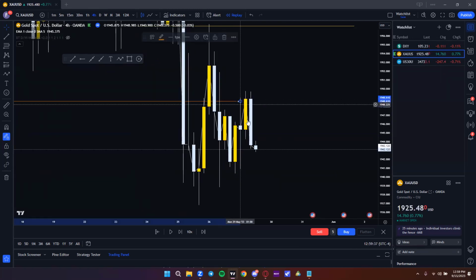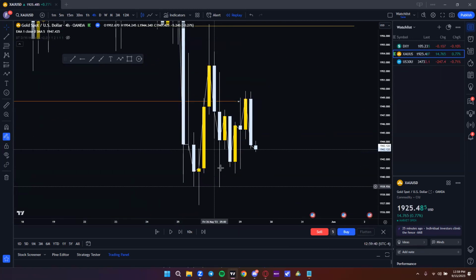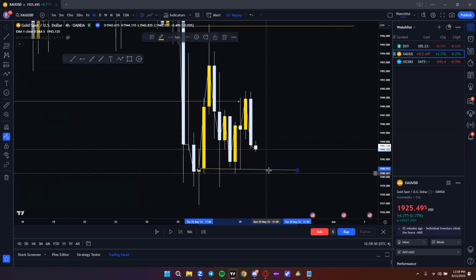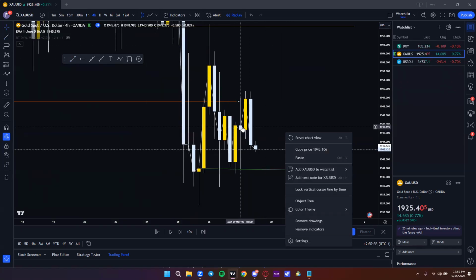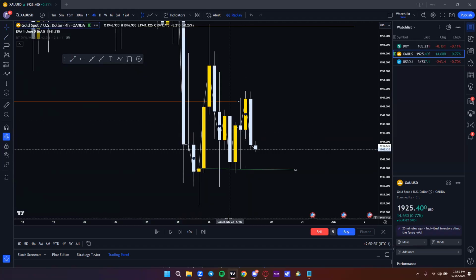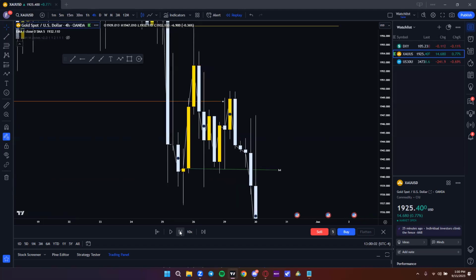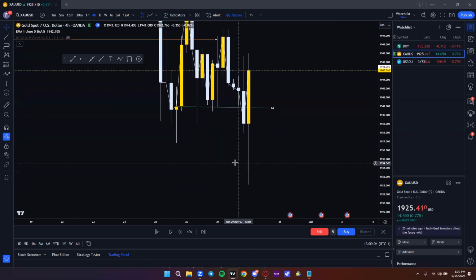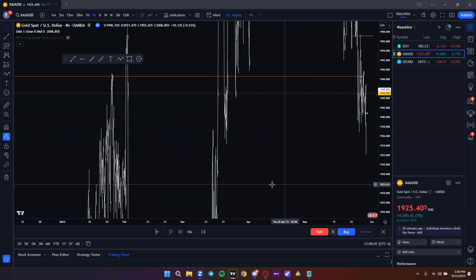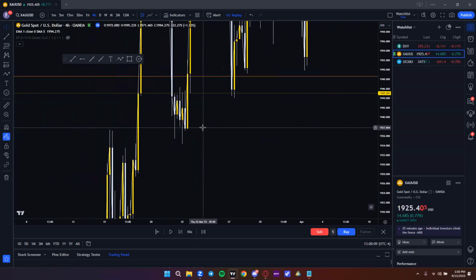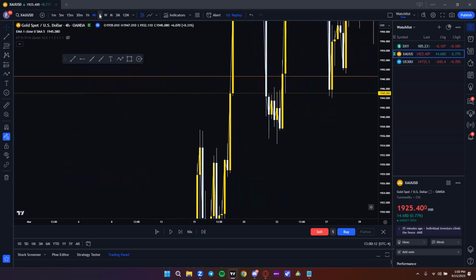After the breakouts, even on H4, we can get an early sign that price wants to go up. This is H4. Let me see something. Just a moment.